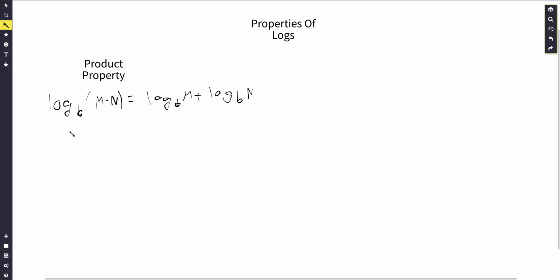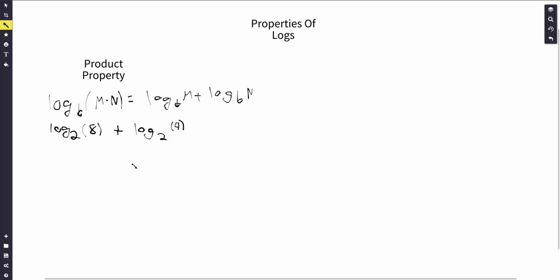So let me give you guys an example. Over here, we have log base 2 of 8 plus, oh, that's a terrible plus sign, log base 2 of 4.